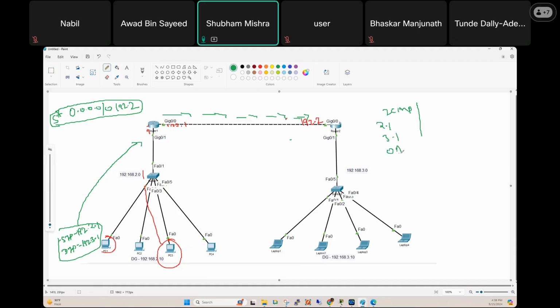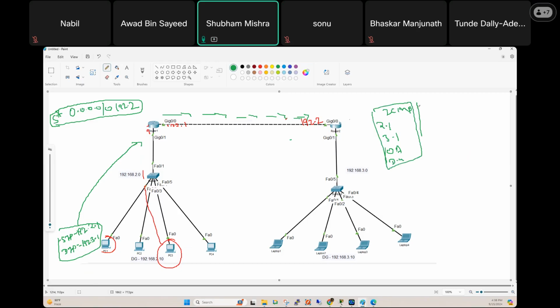Yes. And what will the destination MAC be? The destination MAC will be the default gateway MAC address. The MAC address will be the default gateway's, right? Yes or no?